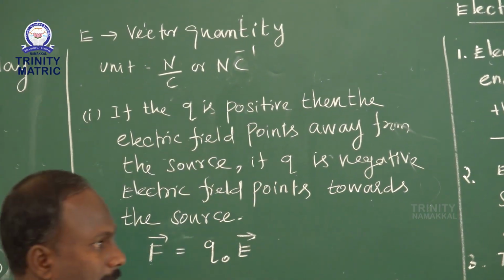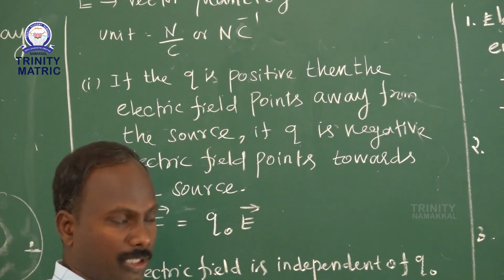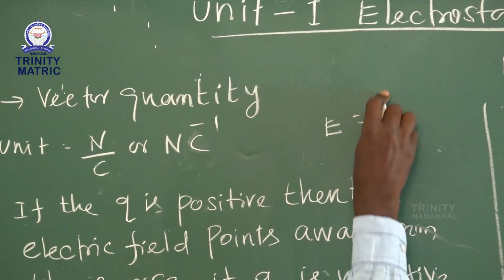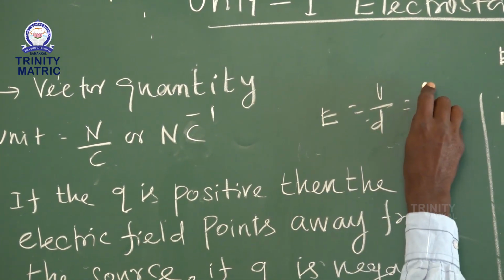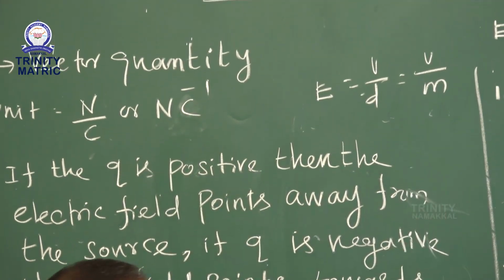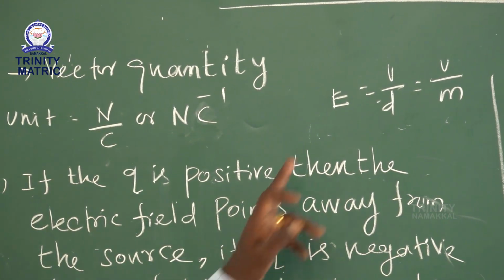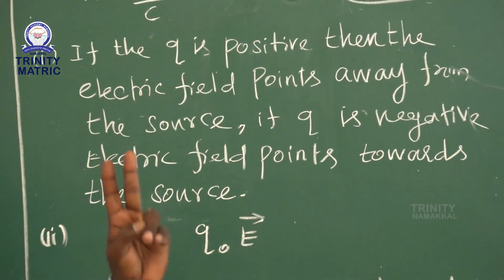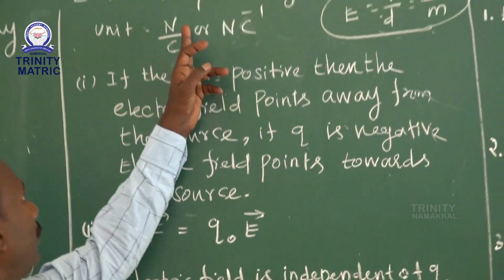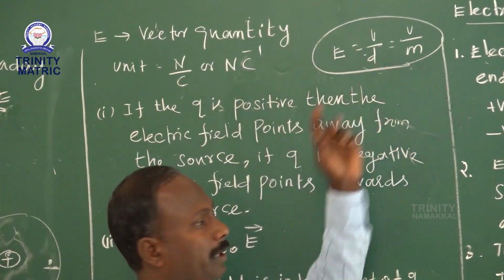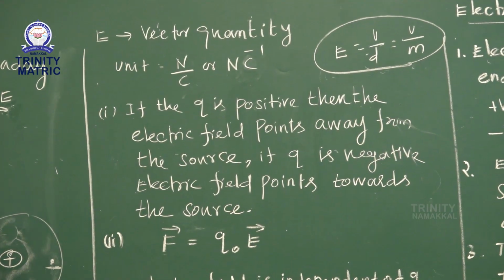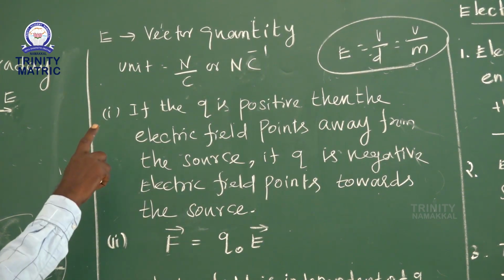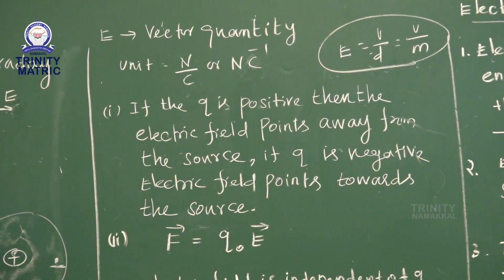Okay, we will learn in the next chapter, electric potential, that electric field E is equal to V by d, and this formula gives volt per meter. So the electric field or electric field intensity has two units: one is Newton per Coulomb, and the other is volt per meter.